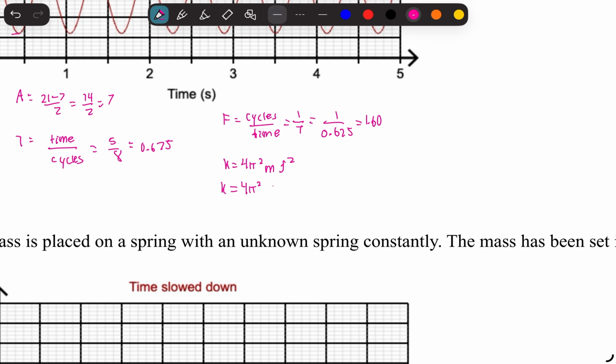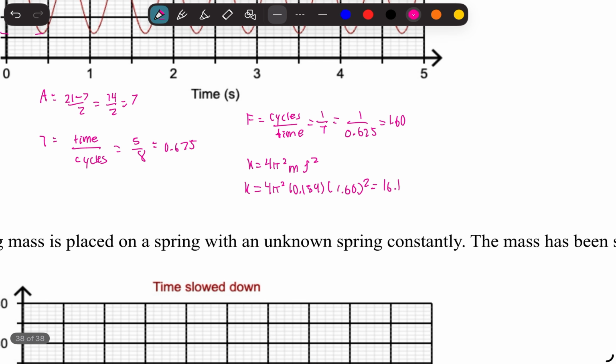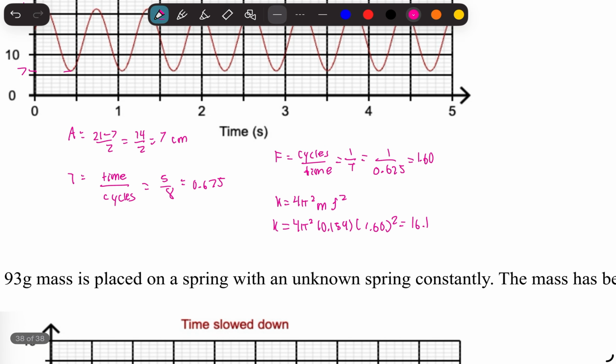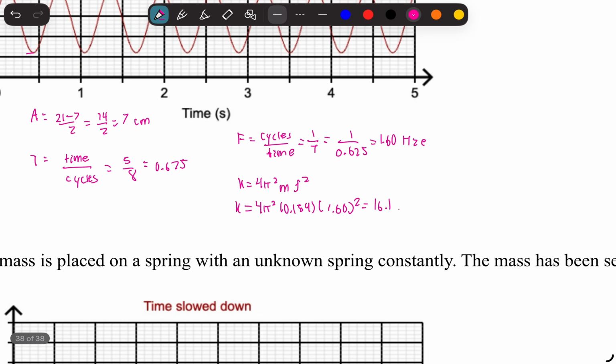You have 4 pi squared times 0.159 times the frequency squared, 1.60 squared, and that's going to be 16.1 for your k. Your amplitude is going to be in centimeters, our frequency in hertz, and our spring constant in newtons per meter.